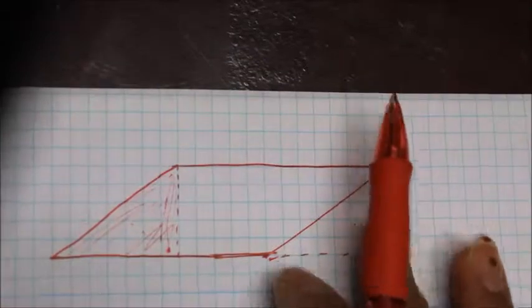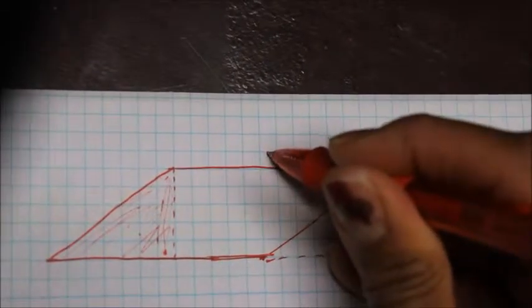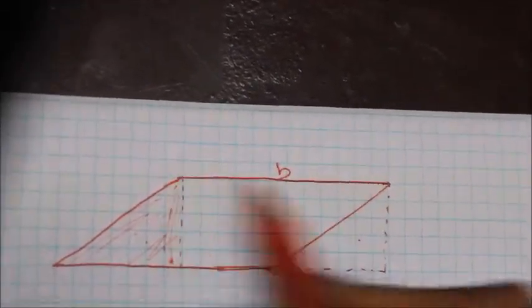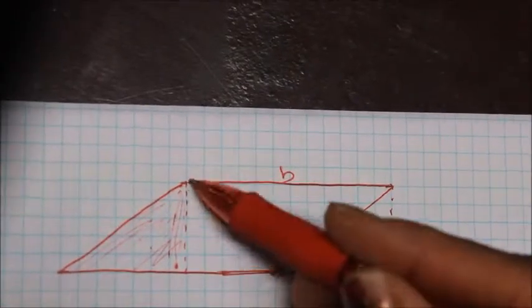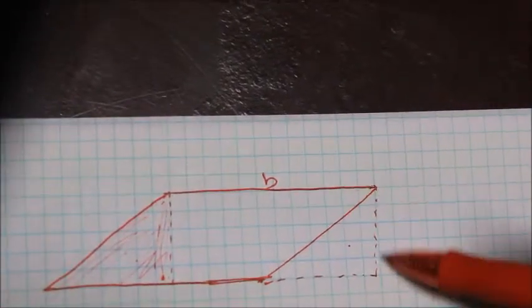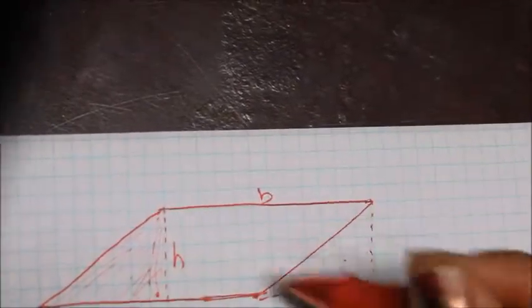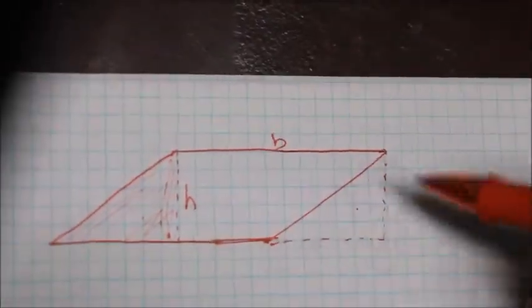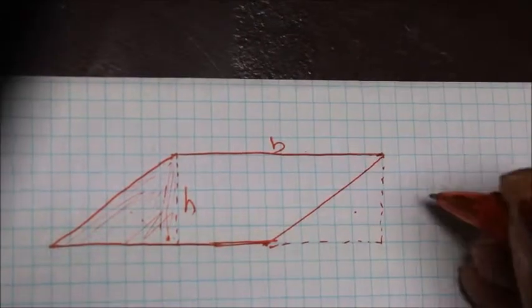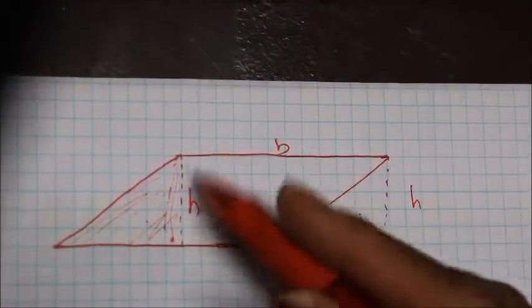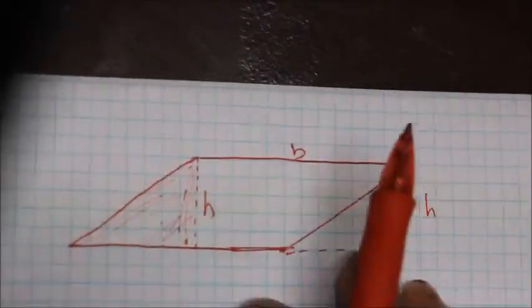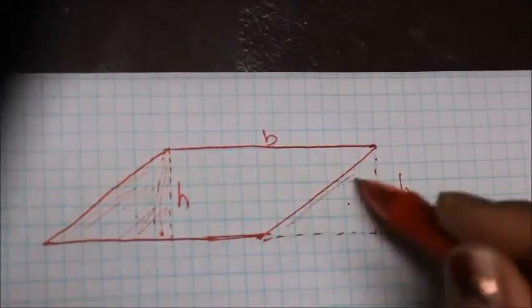And if I move that over there, I still have the same base. And this line right here becomes my height. So this height of this parallelogram is actually the same as the height of my rectangle that I could form taking this over here and moving it here.